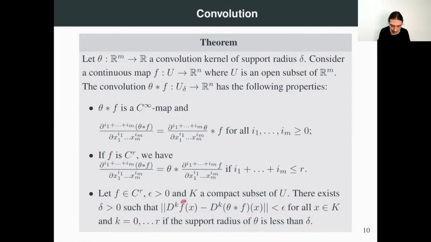So if we have f, K, and epsilon, we can find delta such that if the support radius of theta is less than delta, we have this property for every k between 0 and R and for every x in K.